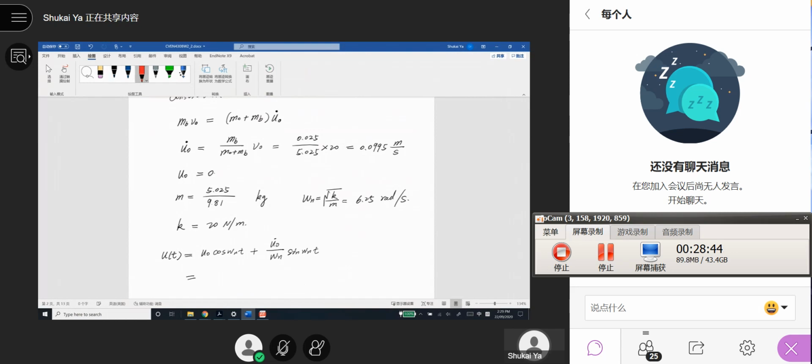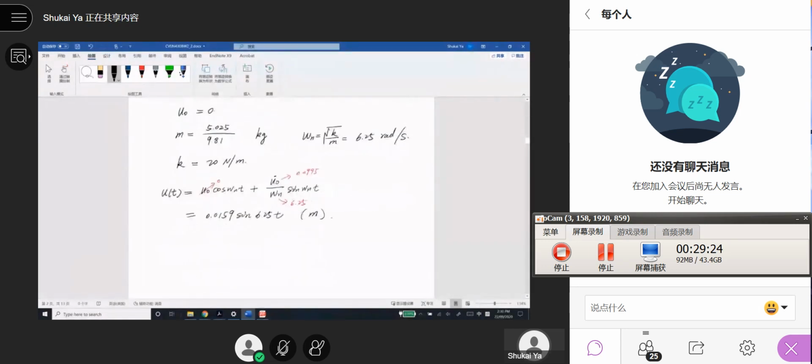And then this is equal to 0, this is equal to 0.0995. This is equal to this one. Finally, that's the final expression for this displacement history.